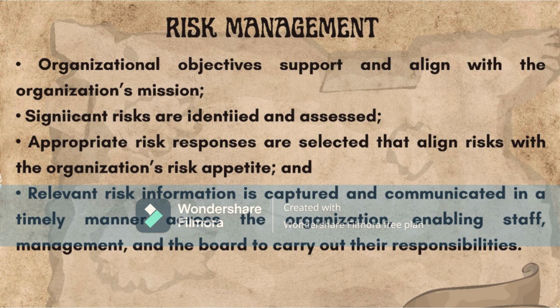The internal audit function plays a crucial role in evaluating the adequacy and effectiveness of the organization's risk management processes. Beyond assessment, internal audit facilitates risk identification and evaluation, and advises management on appropriate responses.